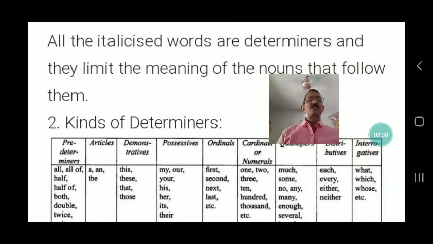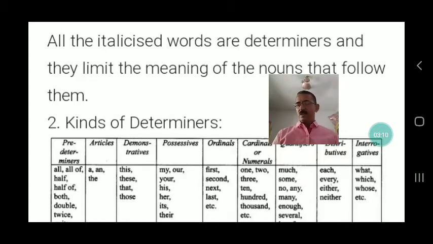Here you must understand the basic difference between noun and adjective. A noun is the naming word that tells us all the names that are used, and adjectives always tell something about the nouns. Now I want to tell you the difference between determiners and adjectives.